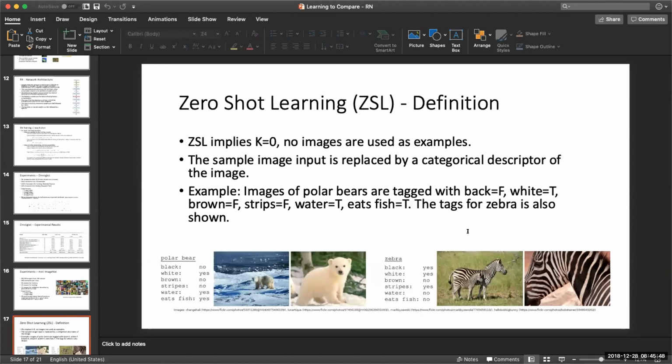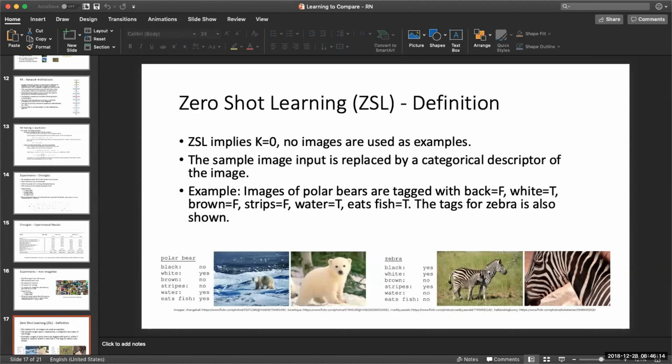Whereas the zebra, with the same set of attributes, has different indicators on those attributes. And I think this is kind of interesting. For the colors black, white, brown, it is black and it is white, but it's not brown. And stripes, that's obvious.